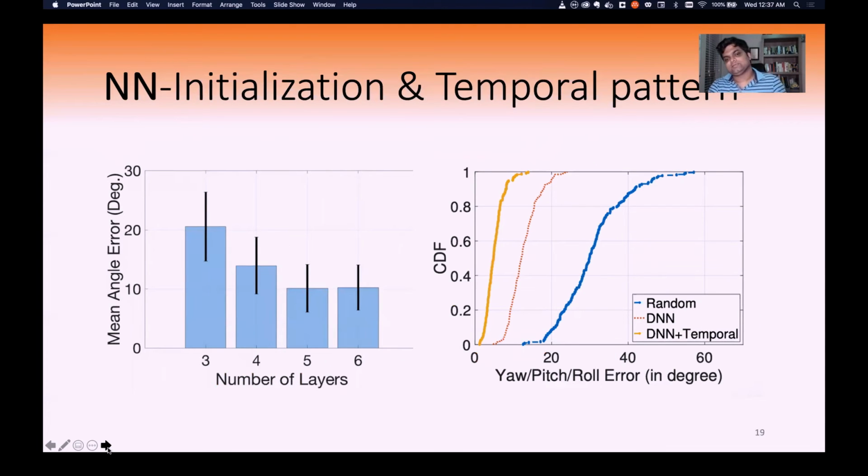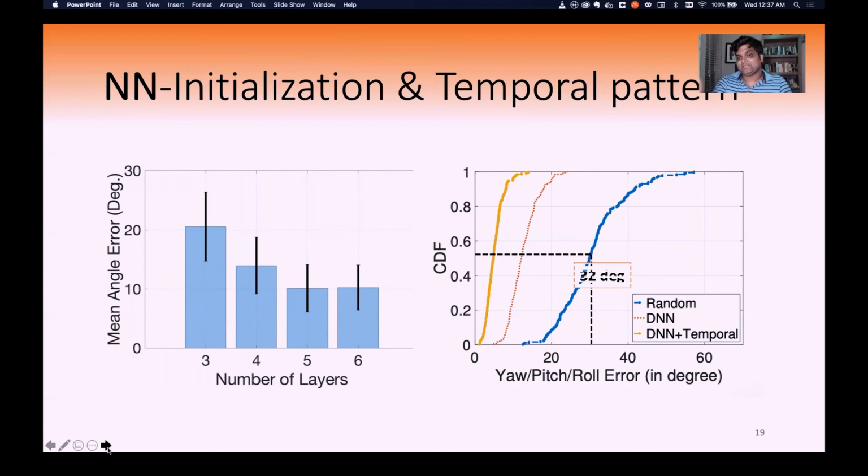And as you can see, the increase of layers after 5 does not change that much. The mean angle error is the y-axis. And as I said, not just the DNN, if you include the temporal locality, that is in the estimation, we'll select theta 1, theta 2, theta 3 between T1 and T2 where the change is minimal, because there should not be any drastic change going from state T1 to T1 plus 1.